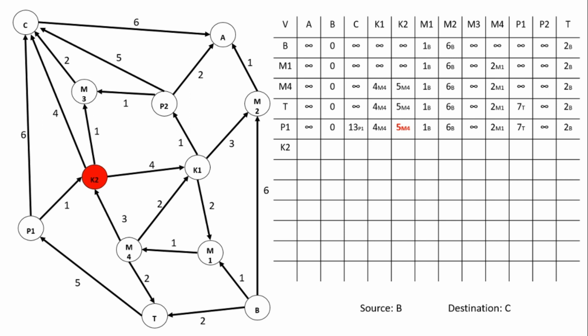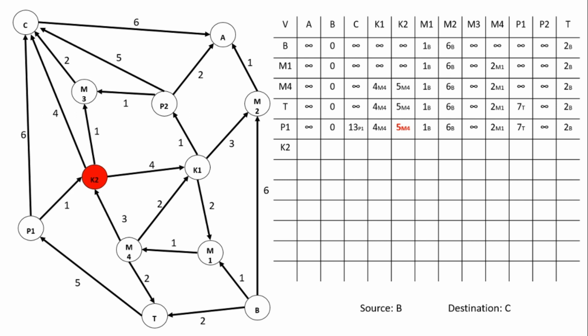Next, take the smallest known distance of the visited vertex from the previous vertices, which is P1. So we were going to take K2. Visit the reachable vertex in a natural order.